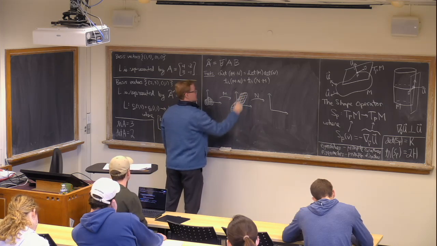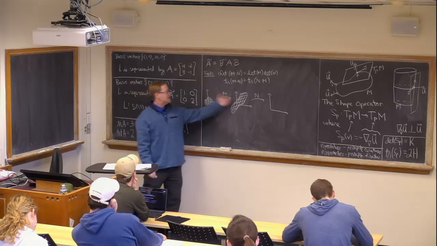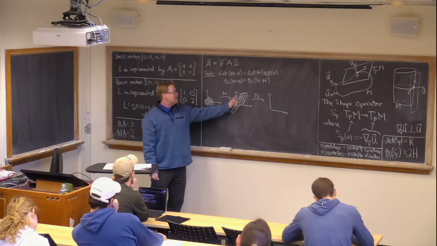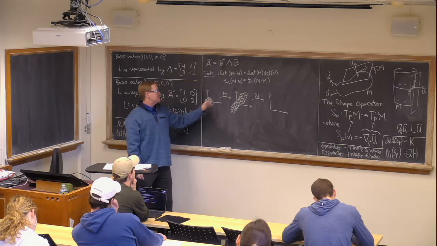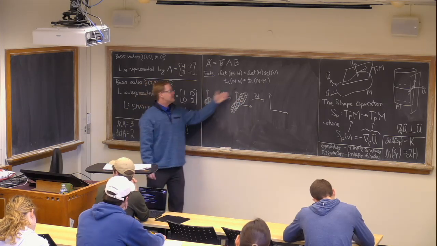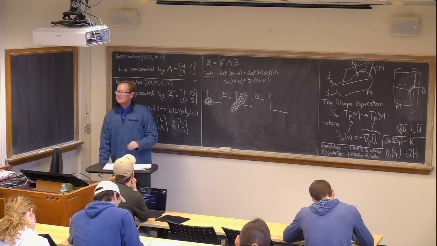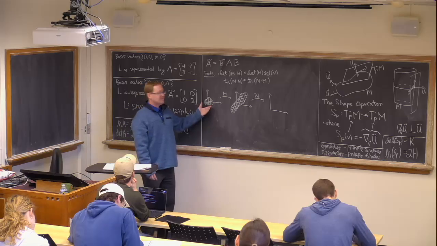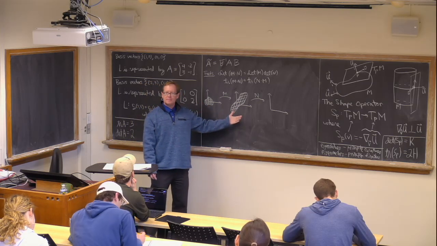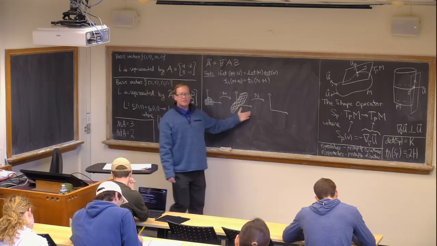My artwork's not perfect, but you get the idea. These squares get stretched to parallelograms, and each of these parallelograms has area equal to the determinant of M times the area of each of those little squares. So the determinant of M is the stretching factor of area. Every region's area gets stretched by the factor of the determinant of M.